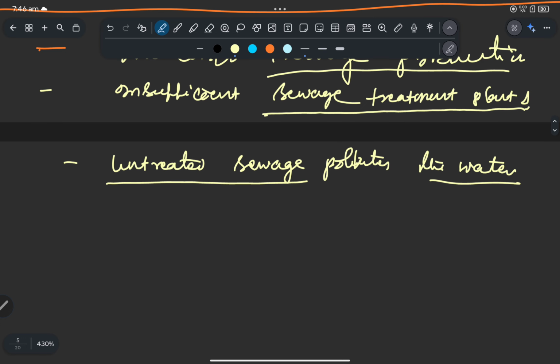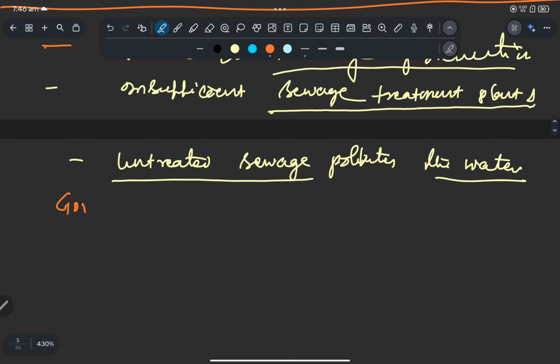Now what are the initiatives taken by government of India? Now government initiative.